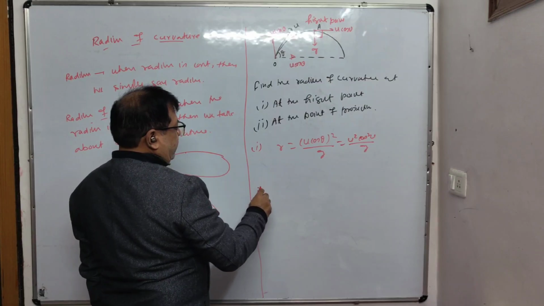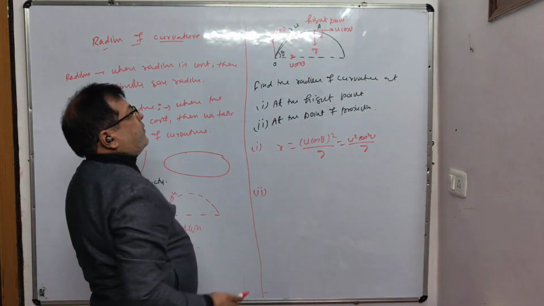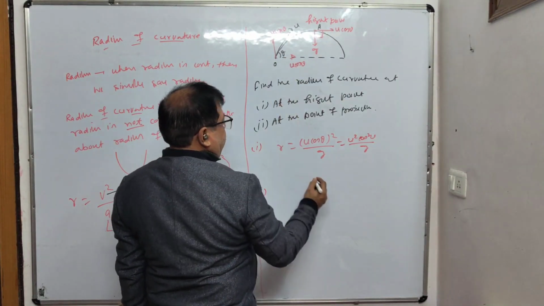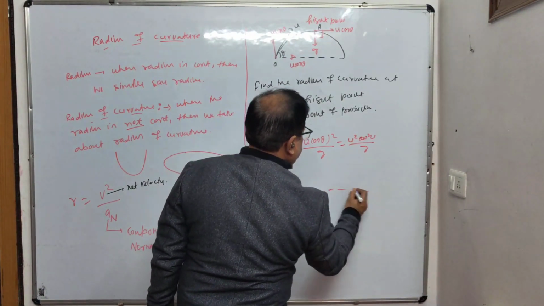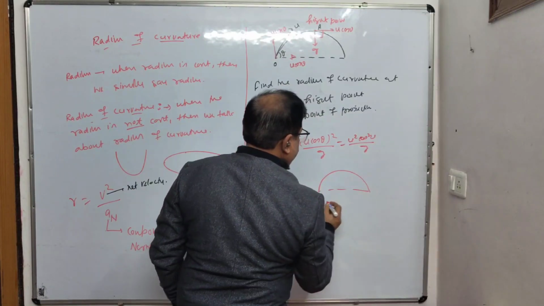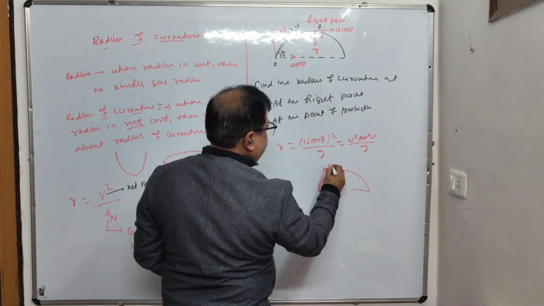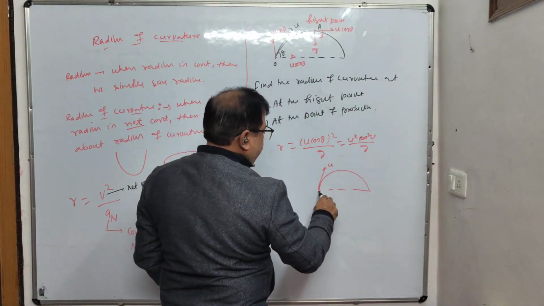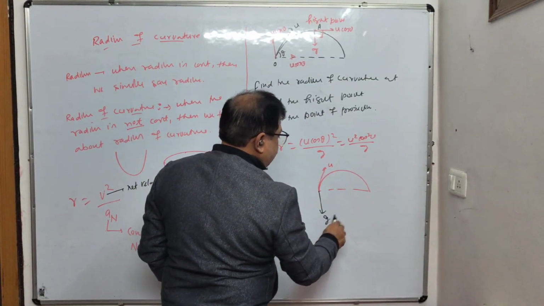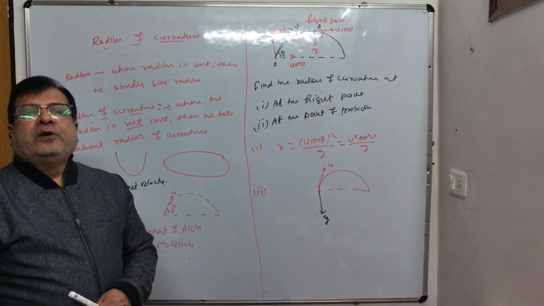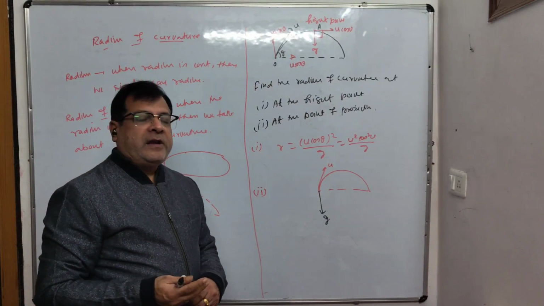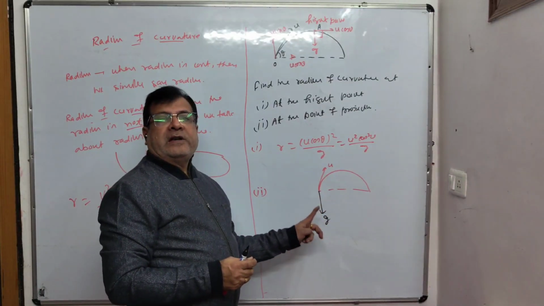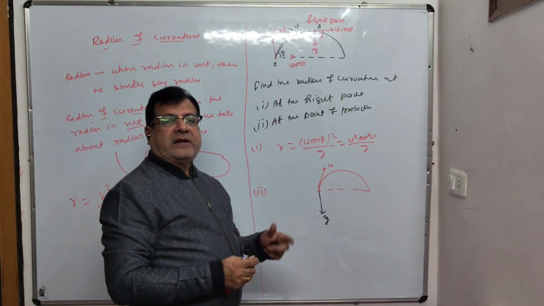Now at the point of projection, velocity is in this direction and g is in the downward direction. So are they perpendicular? Answer is no. Now there are two options. I have to take the component of either velocity or acceleration, but I already told you to take the component of acceleration.